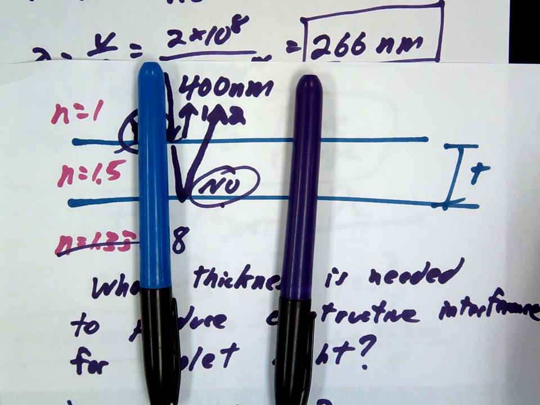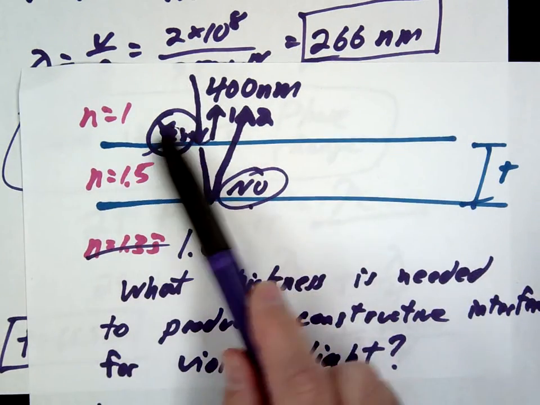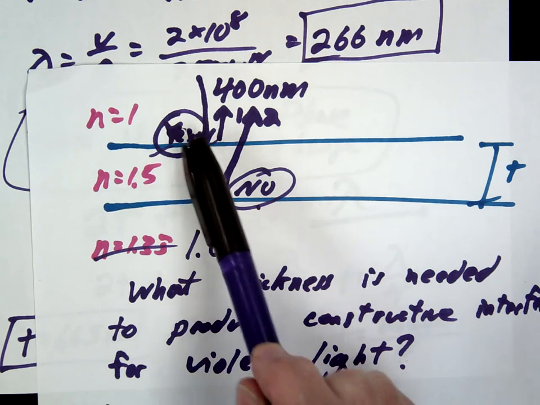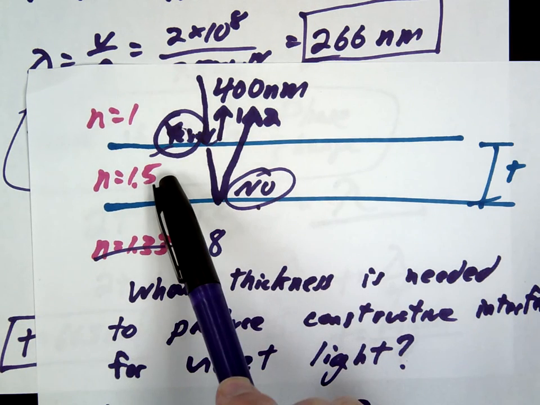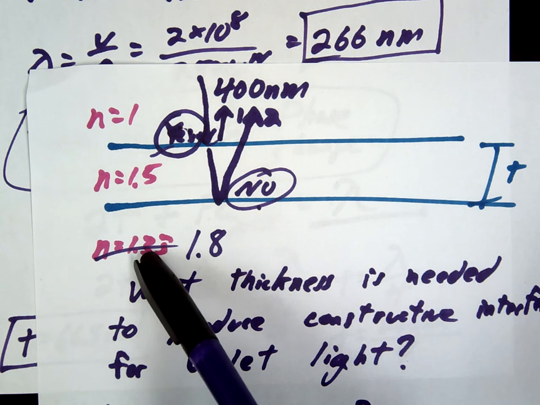Okay? Why is there only one? What's that? In the problem we just did? So in the problem we just did, there is only 1 because we went from 1 to 1.5. So there's a phase change here. But we went from 1.5 to 1.3. There was no phase change at that point.